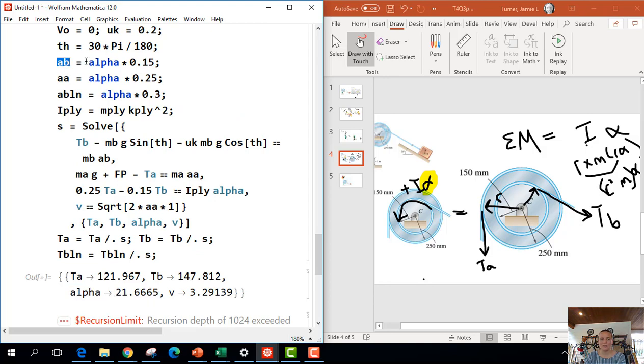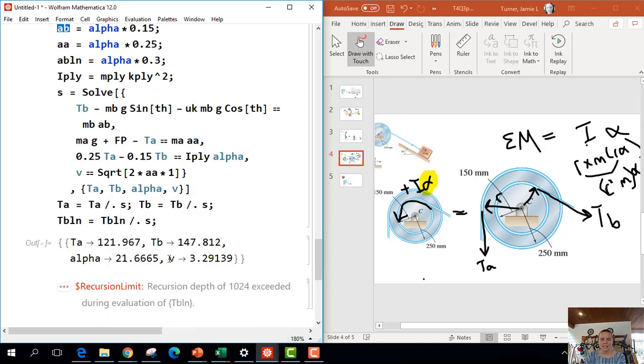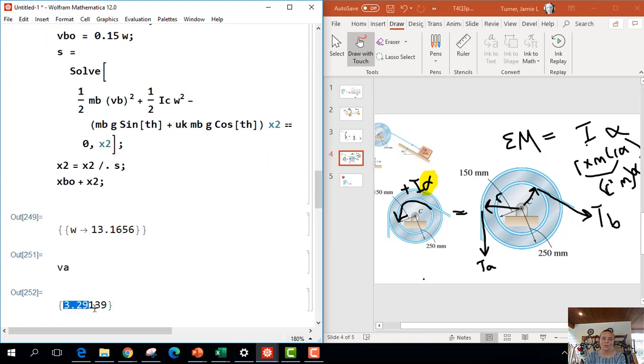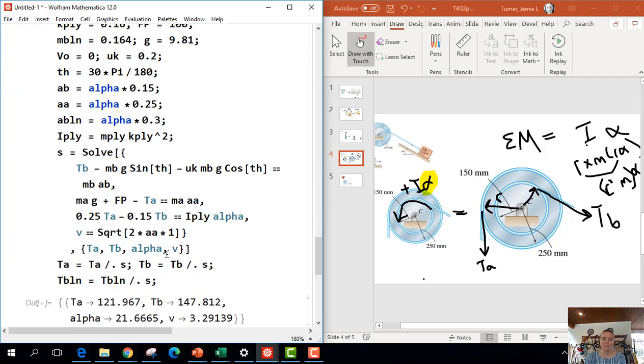A equals R alpha, and you can get the velocity out of this thing too. And lo and behold, 3.29, the velocity we get out of the force balances matches the velocity we got out of our energy balance. So we can be sure that the answer is actually correct because you get the same numbers no matter how you solve for it.